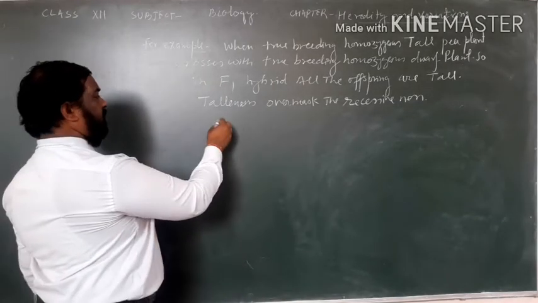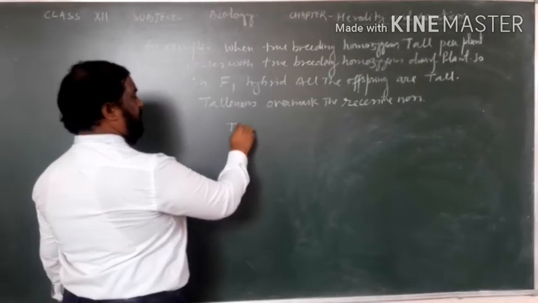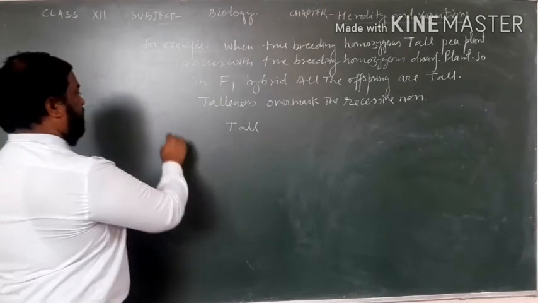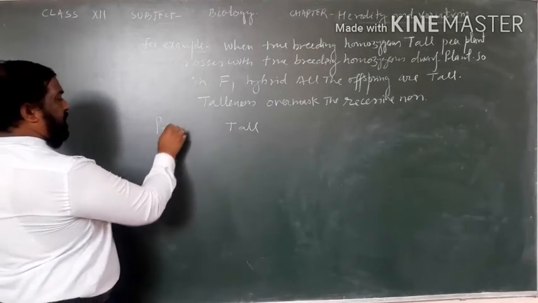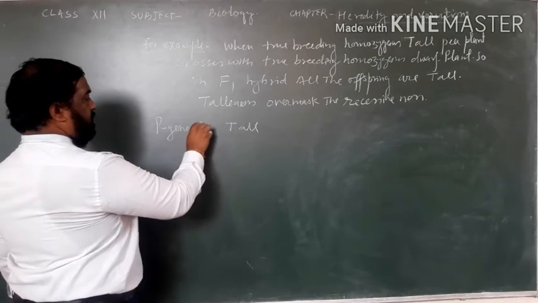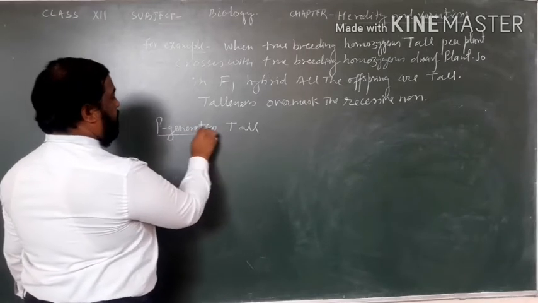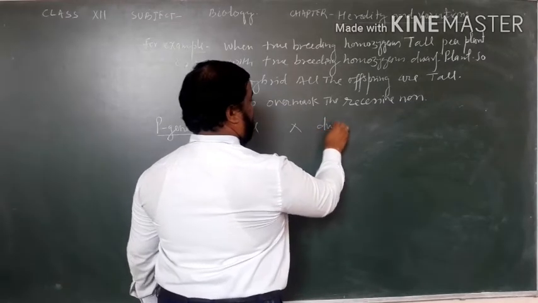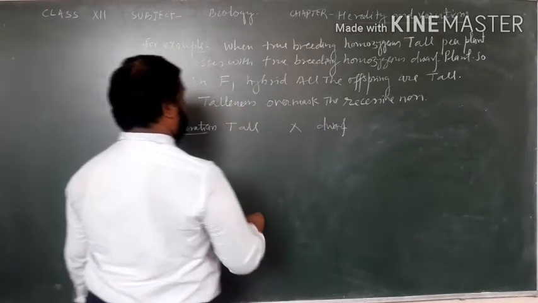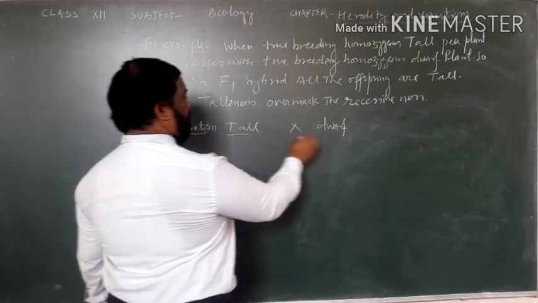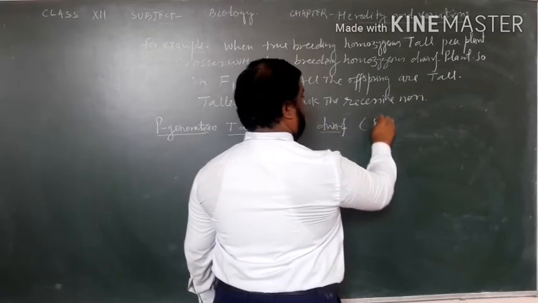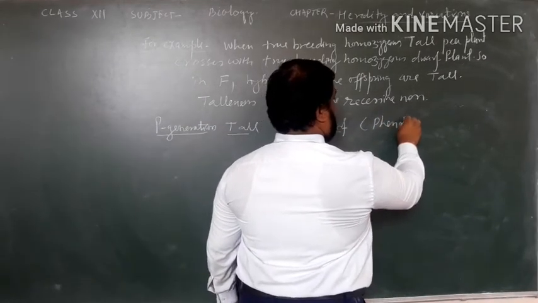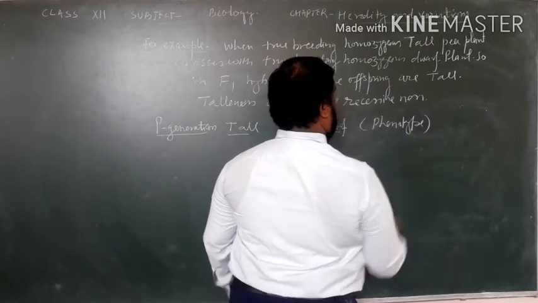Student, suppose that this is the tall parental generation, means P generation. Tall crossed with dwarf. So these are the phenotypes.